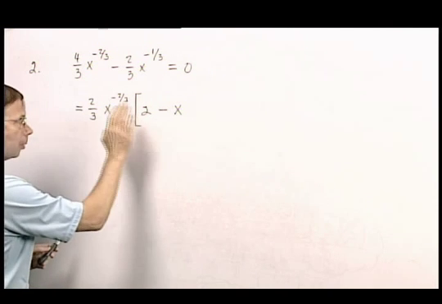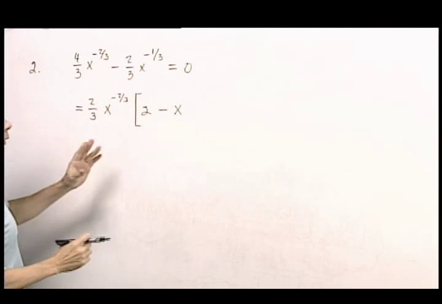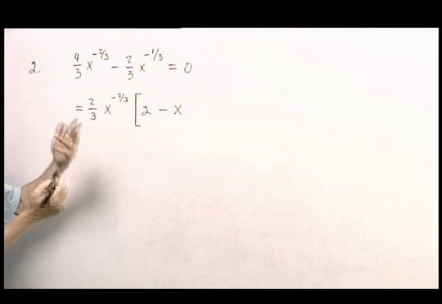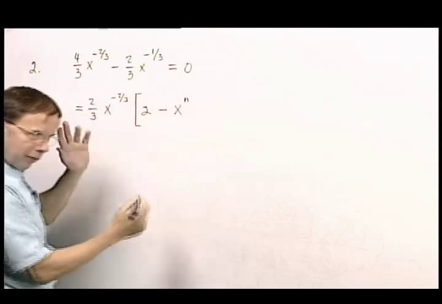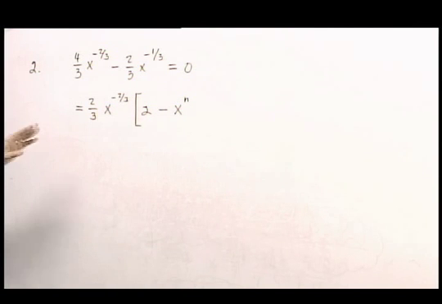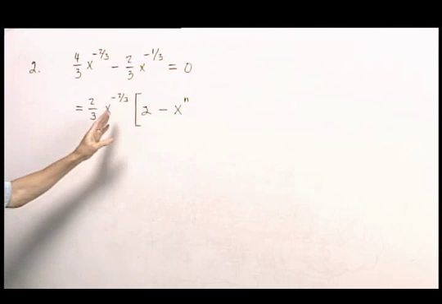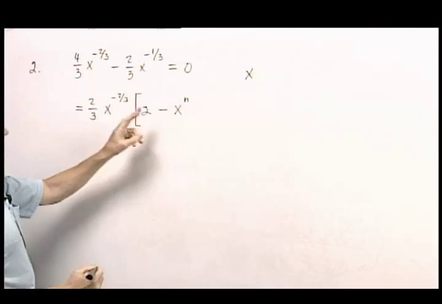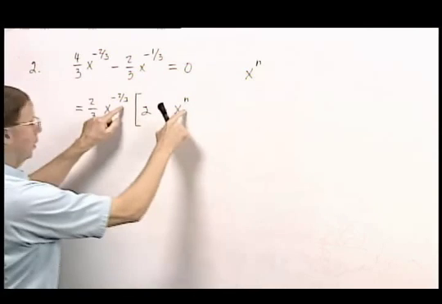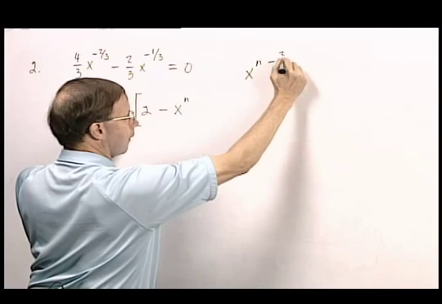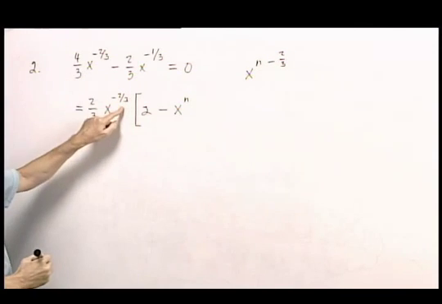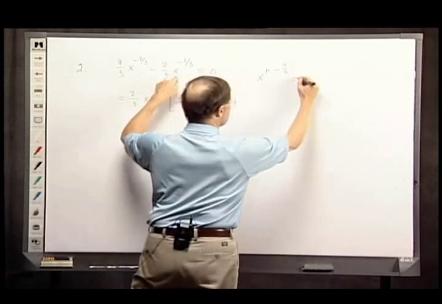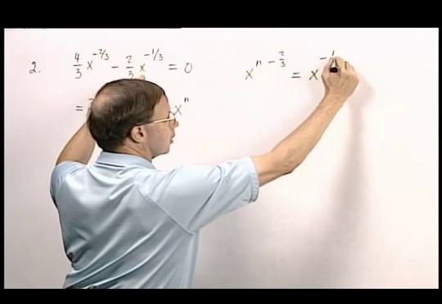Remember, I'm going to be multiplying this times this. In effect, I'm going to be adding the exponents together. Let me just put a little number up there just for the purposes of calculating it. When I do this multiplication, I'm going to get x to the n minus 2/3, and that's supposed to be equal to x to the minus 1/3.